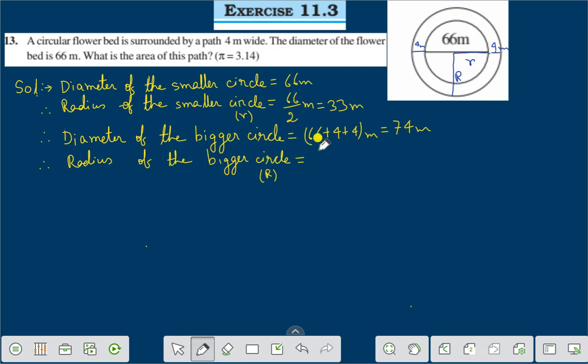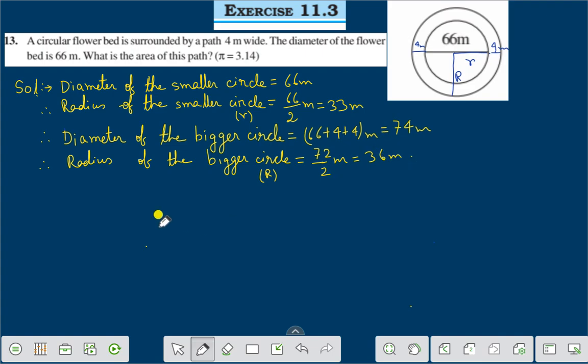Therefore it is 74 by 2 meter, and that comes to 36 meter.